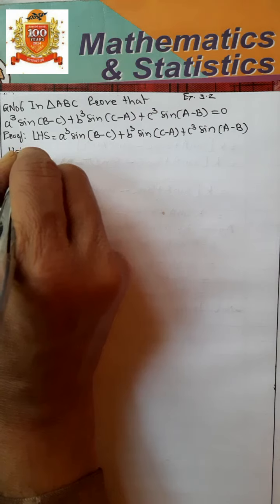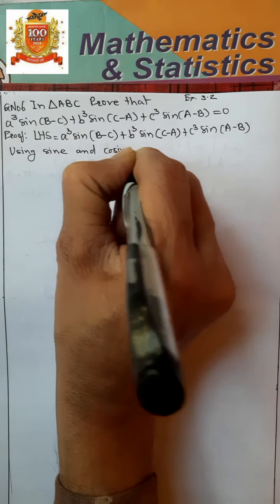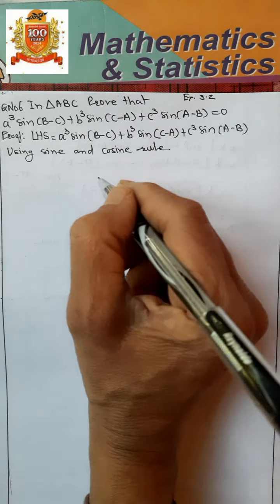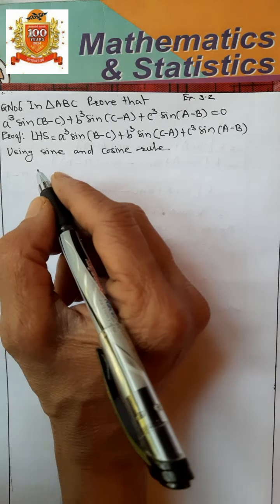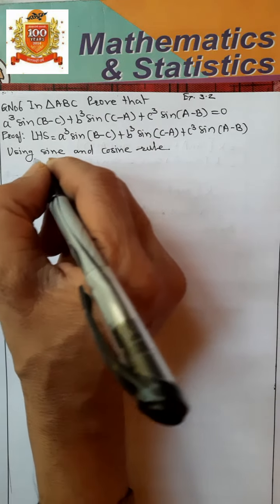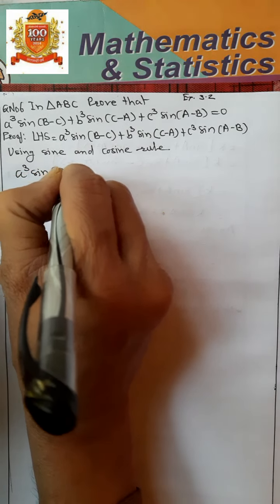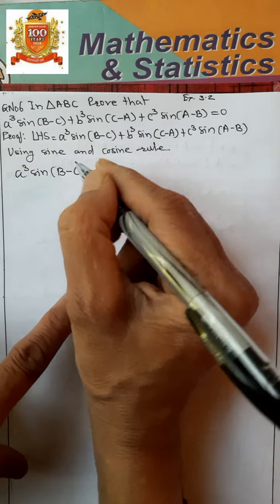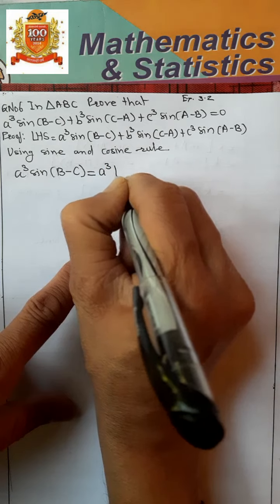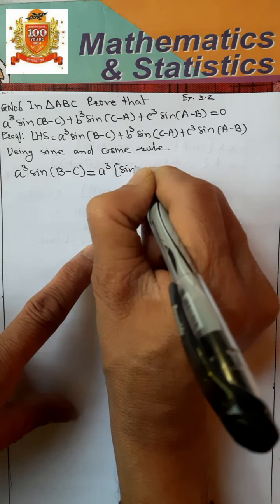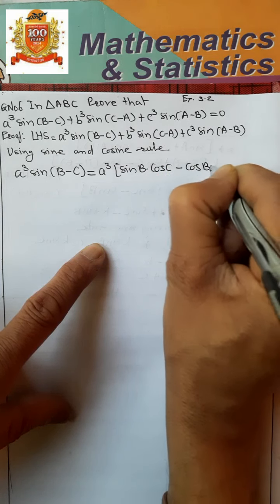Using sine and cosine rule. a cube sine (b minus c) is equal to a cube in bracket sine b into cos c minus cos b into sin c.